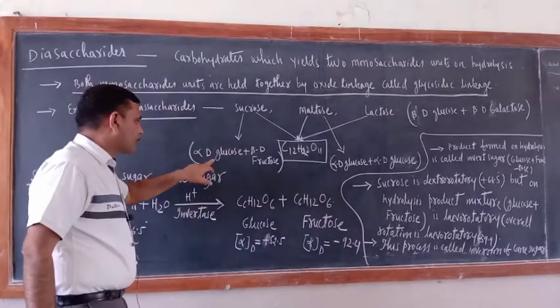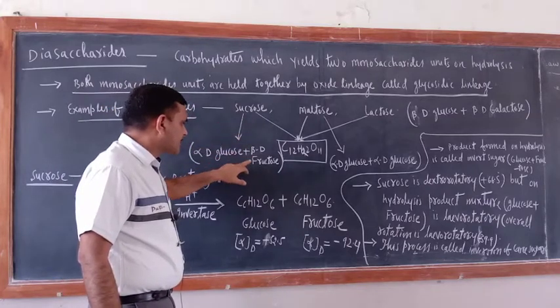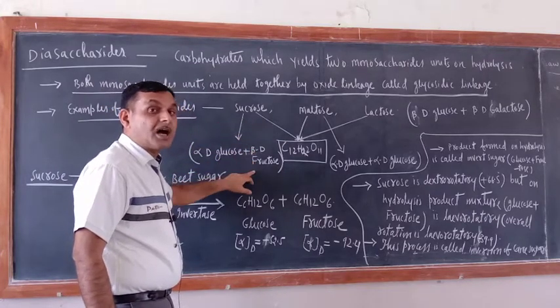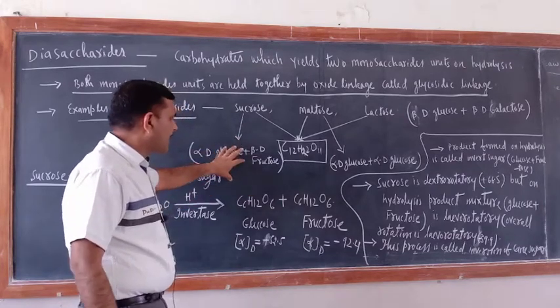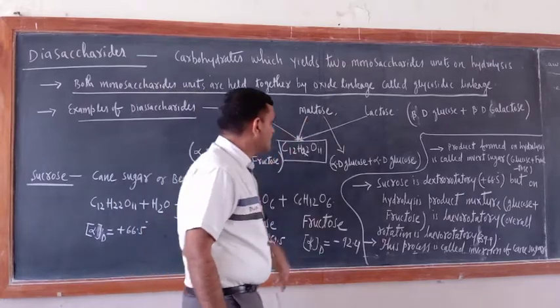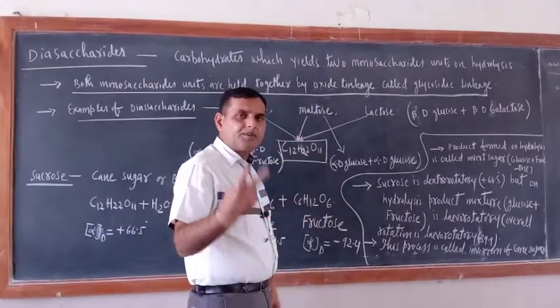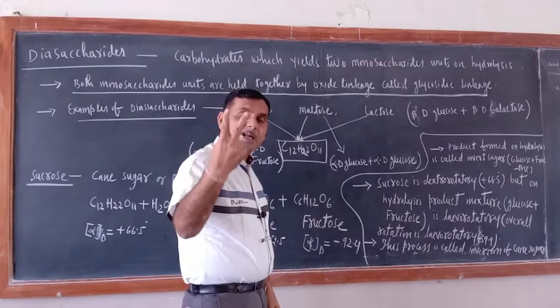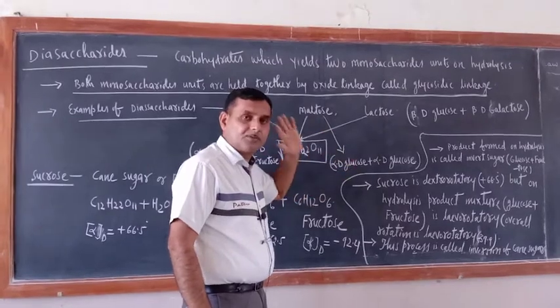So in sucrose, one monosaccharide unit is alpha D glucose and the next is beta D fructose. What about maltose? Maltose is a simple disaccharide made up of two same monosaccharide units, alpha D glucose and alpha D glucose.